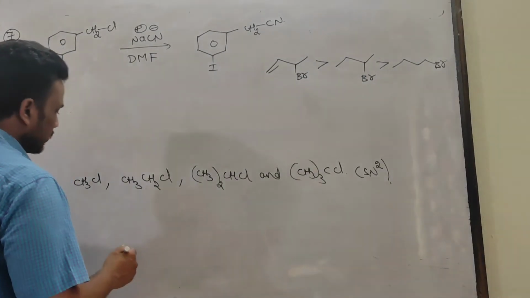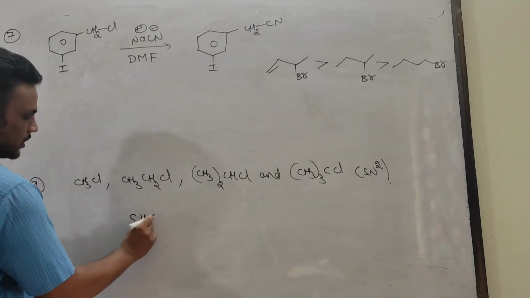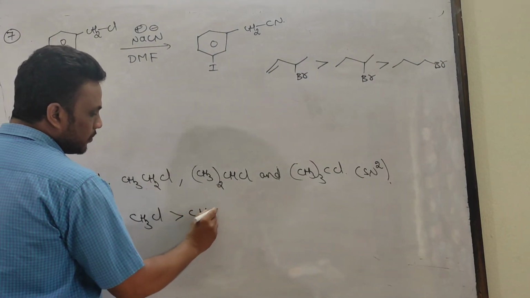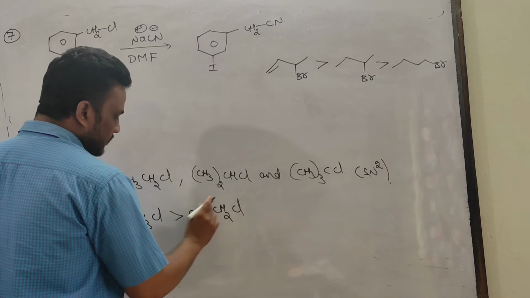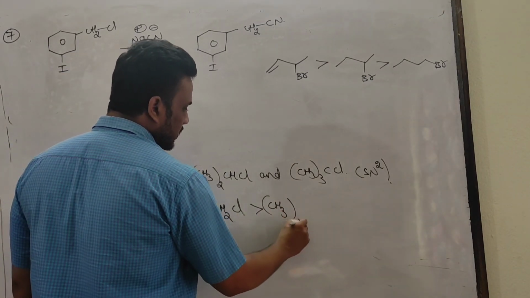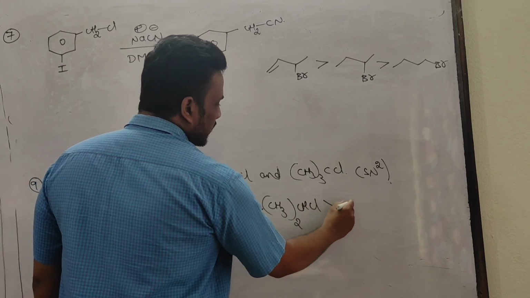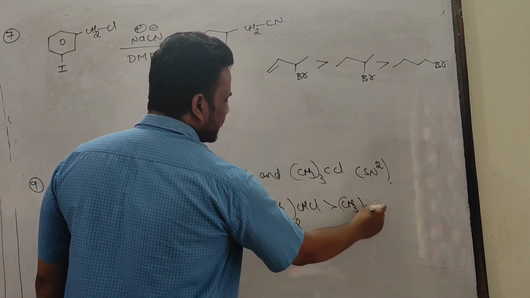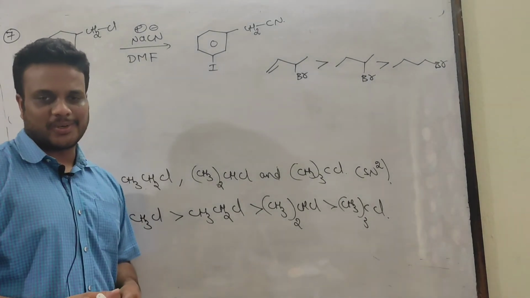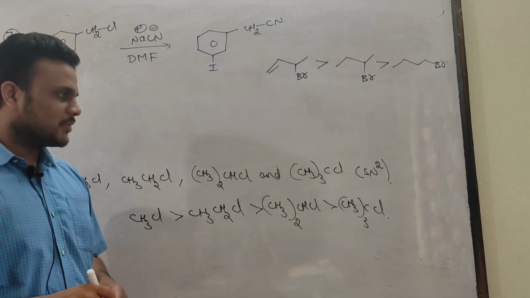We know towards SN2 methyl halide is always most reactive. After that primary comes. This is the primary one. After that secondary comes. Tertiary is always least reactive. So the order given in the question is already the decreasing order towards SN2 mechanism.